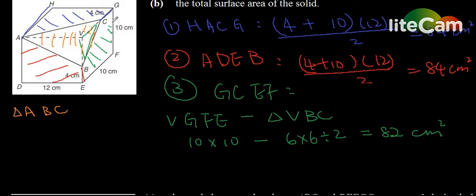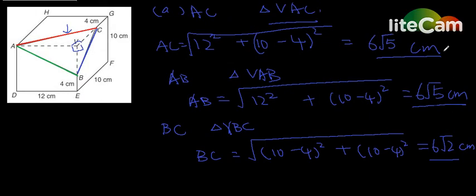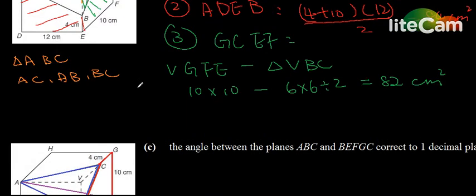And we have the 3 sides, AC, AB, and BC. We just calculated it before in part A. So by Heron's formula, we have the answer for this triangle ABC. It is 54 cm squared.